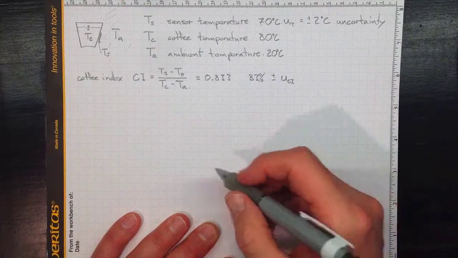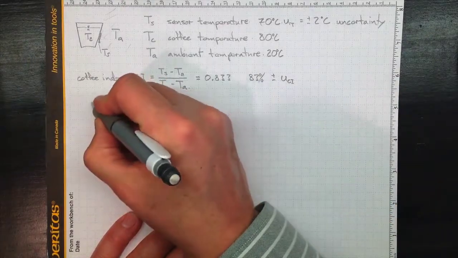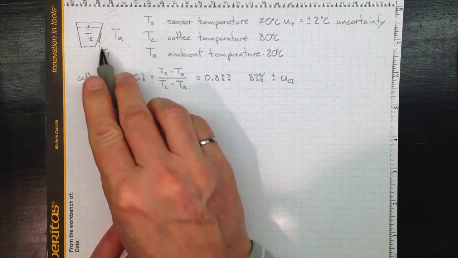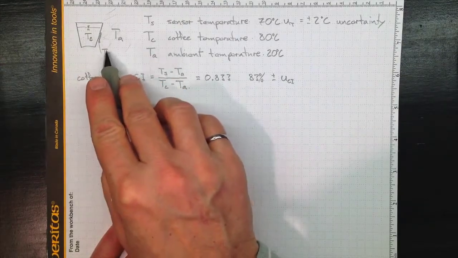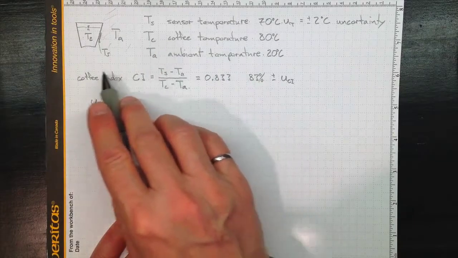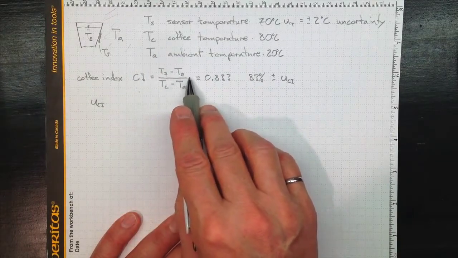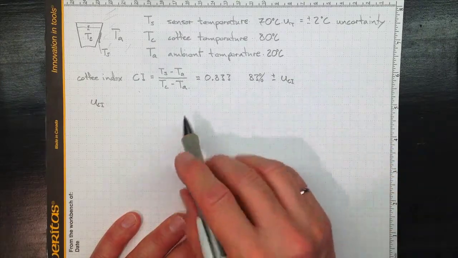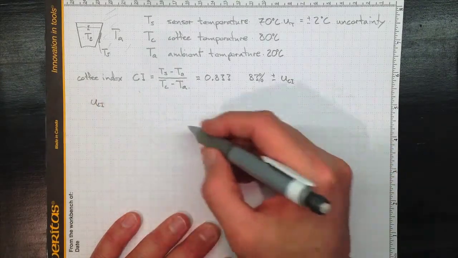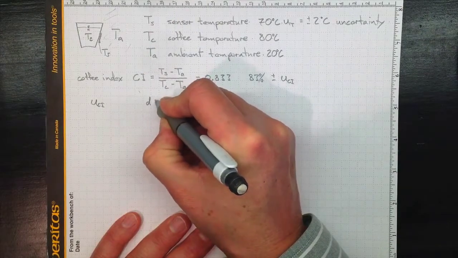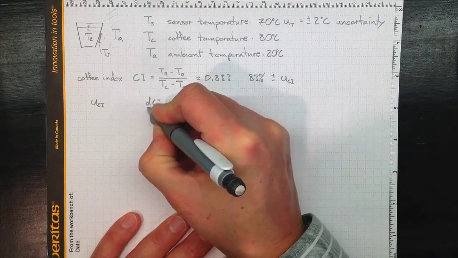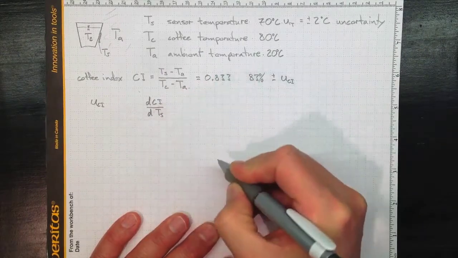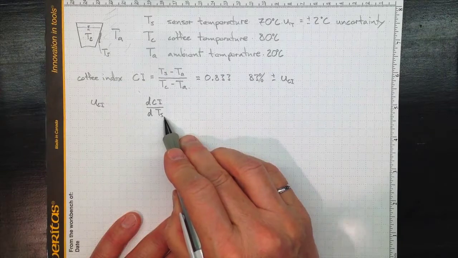Well, studying from our textbook tells us that the uncertainty in the coffee index depends on the uncertainty in each of the 3 temperature measurements, and then the degree to which the coffee index depends on each of those temperature measurements. So if I see a small change in the sensor temperature, then I'm interested in how much the coffee index changes with respect to a change in the sensor temperature, dCi dTs.